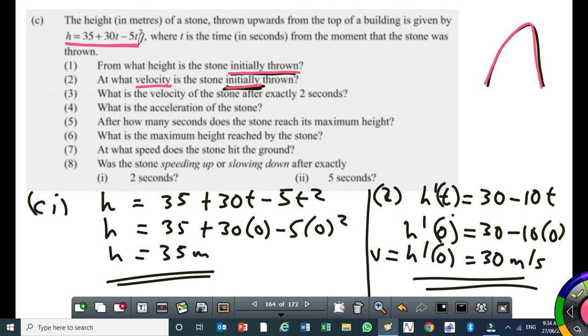The gradient of that height is the velocity. But since we want to know the initial velocity, we substitute t equal to 0 into the derivative of the height function, which is the velocity. Okay?